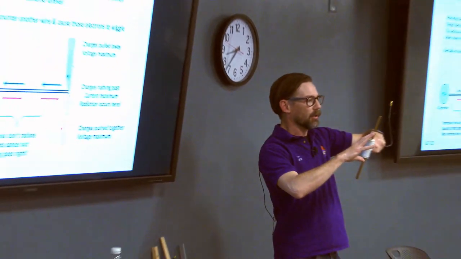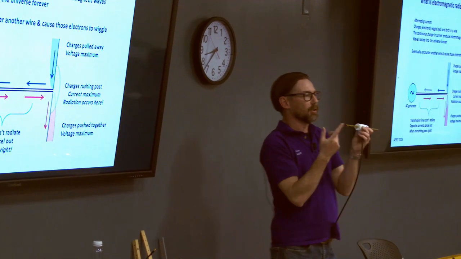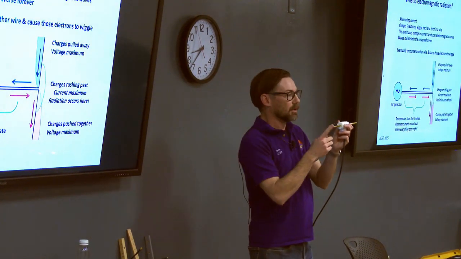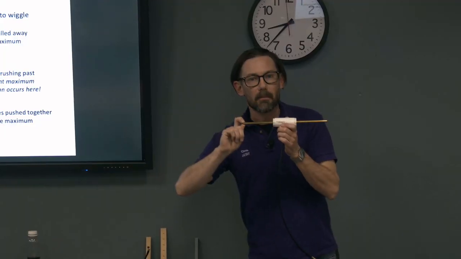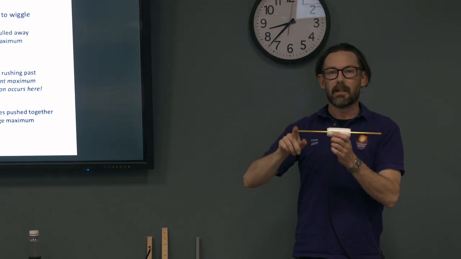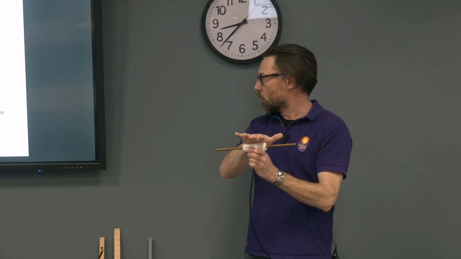So the point on the antenna where the most electrons are sloshing back and forth right here, right now, that's your current maximum. In your traditional dipole, like we have on screen here, that's going to be in the middle. At the ends, there's no current. That's an open circuit, right? Where are the electrons going to go? So you have a current minimum on the ends, which means there's no radiation from these points. All your radiation is happening here in your basic dipole antenna.